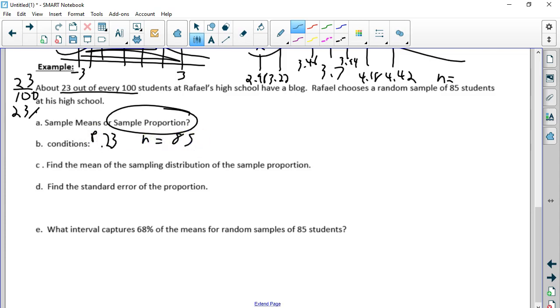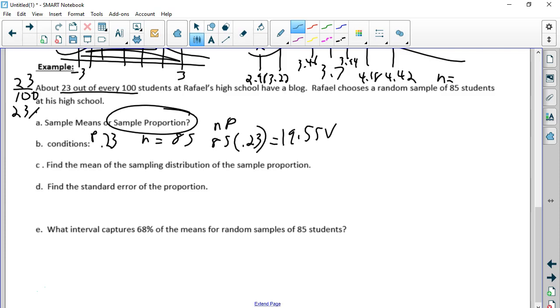So our conditions are n times p. So 85 times 0.23, which is 19.55, bigger than 10. We're good to go.